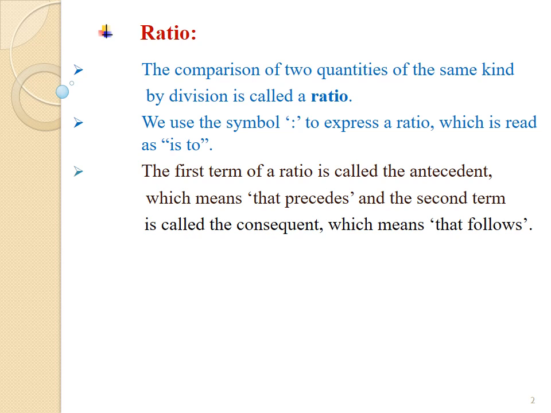We use the given symbol to express a ratio, which is read as "is to". The first term of a ratio is called the antecedent, that is numerator, which means that which precedes. And the second term is called the consequent, that is denominator, which means that which follows. Thus, in the ratio of 30 is to 25, 30 is the antecedent and 25 is the consequent.